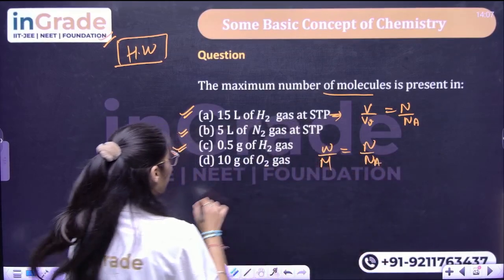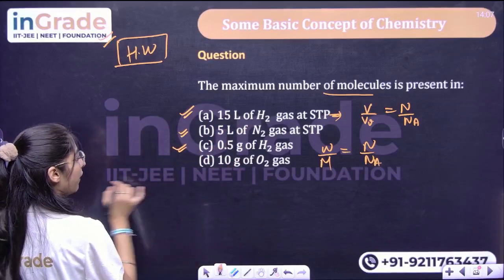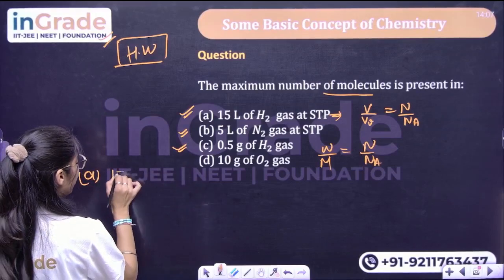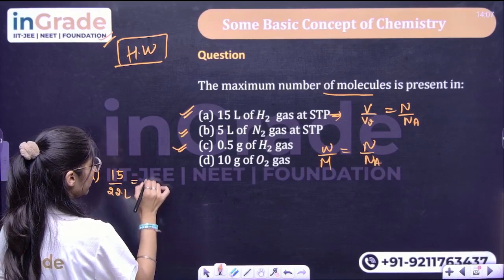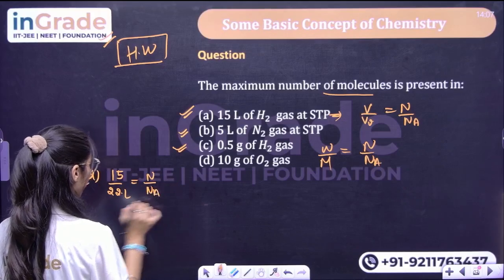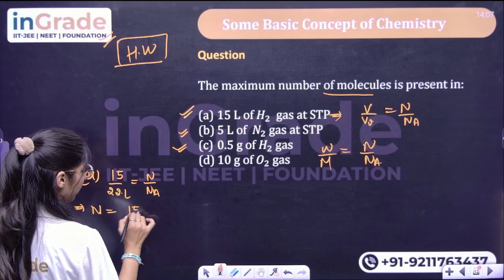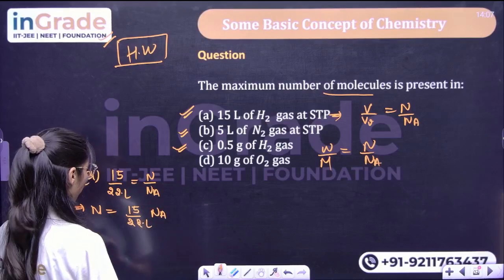Okay, I am solving this question. Just wait. If I solve for A, it simply means 15 divided by 22.4 liter equals N by Na. So the value of N is 15 by 22.4 liter into Na.